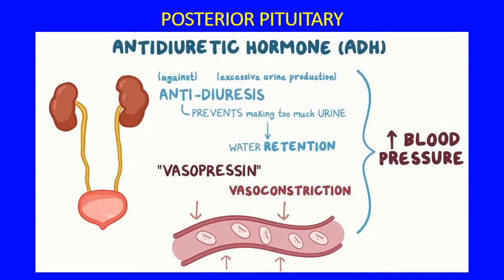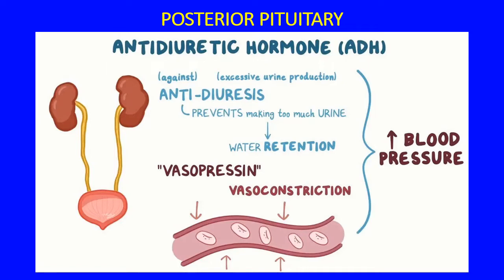And mind you, again, antidiuretic hormone, ADH, is equal to arginine vasopressin. Same thing, okay? What we've already talked about in part is the antidiuresis. It is against excessive urine production, preventing this by enhancing water retention. So you don't have a dilute urine, you have a concentrated urine.